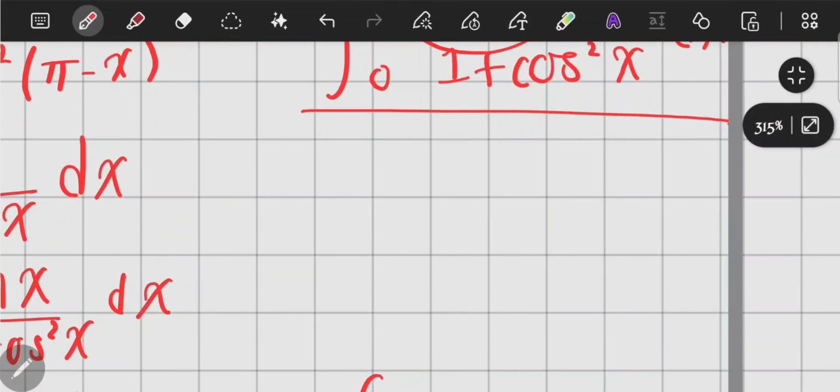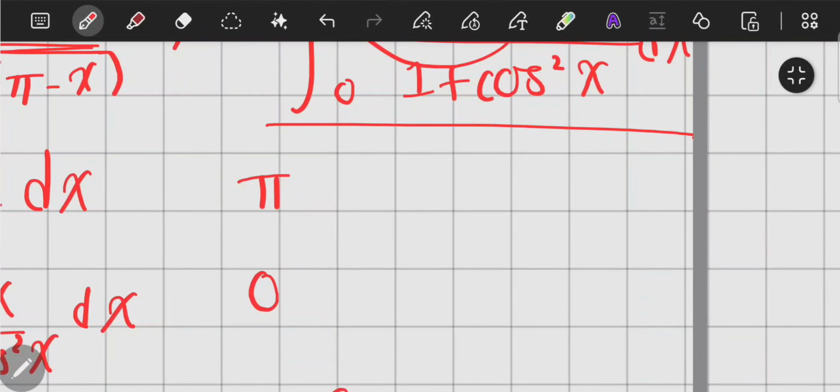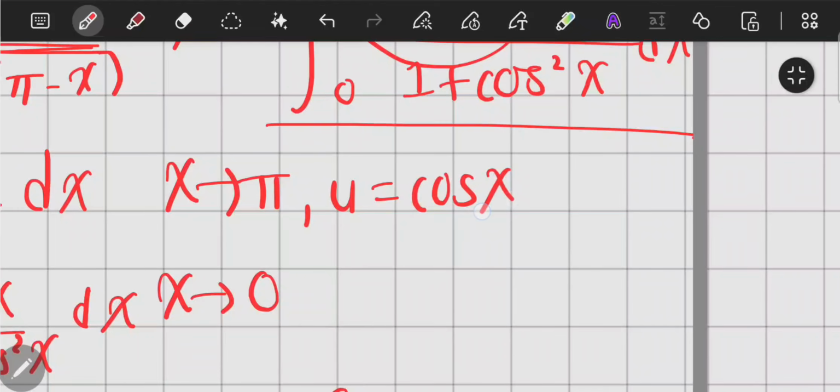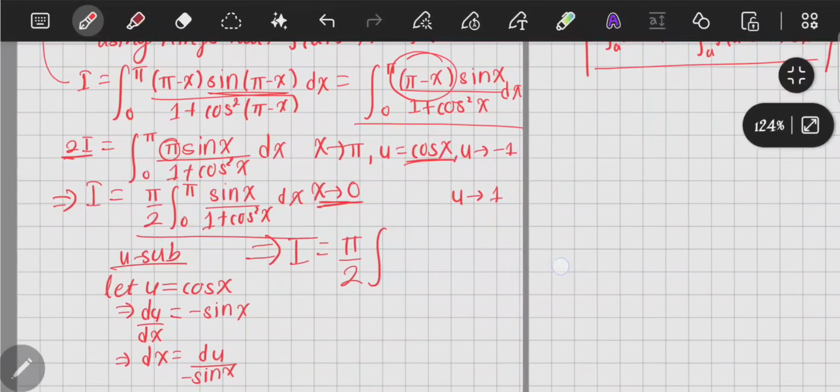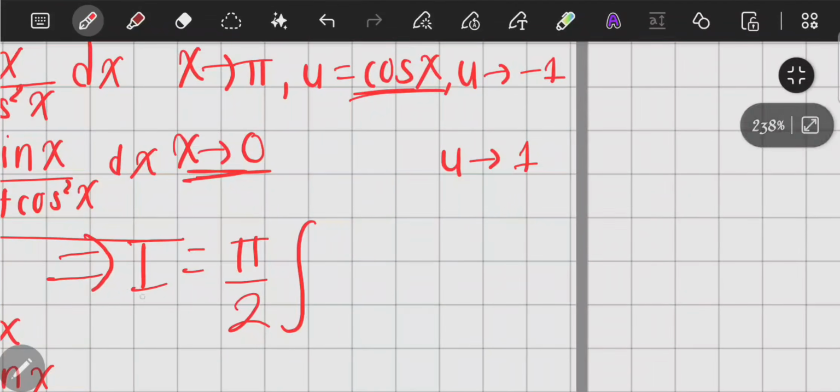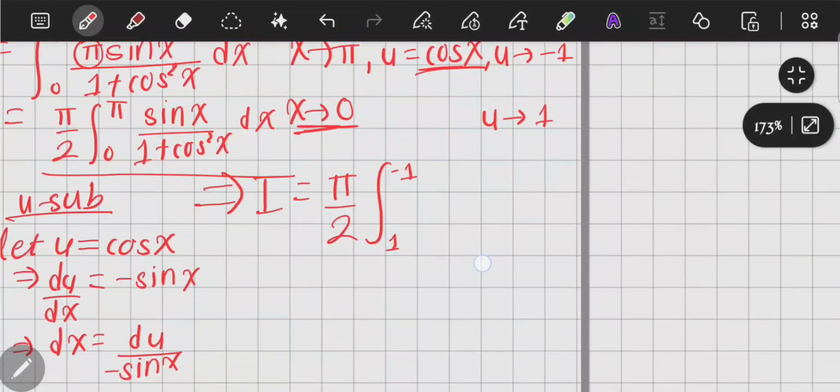For the upper limit we have pi, and for the lower limit we have 0. Since u is equal to the cosine of x, the upper limit becomes the cosine of pi, which is just -1. And for the lower limit, we have the cosine of 0, which is 1.